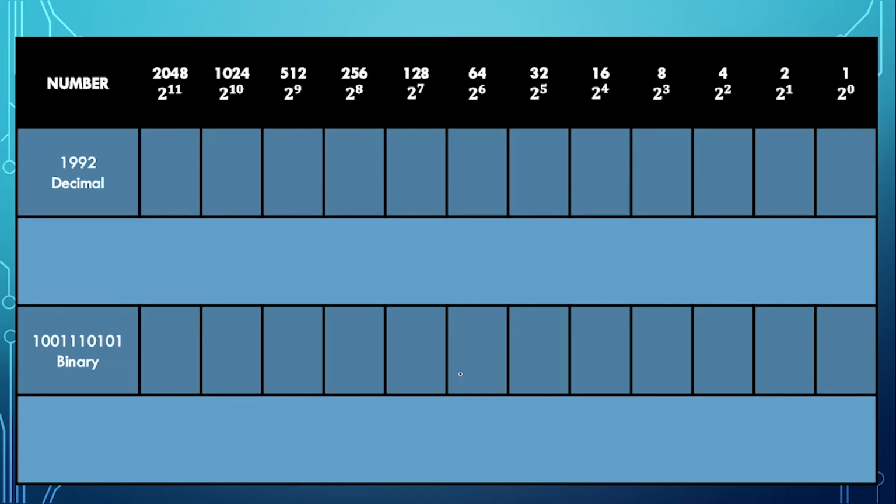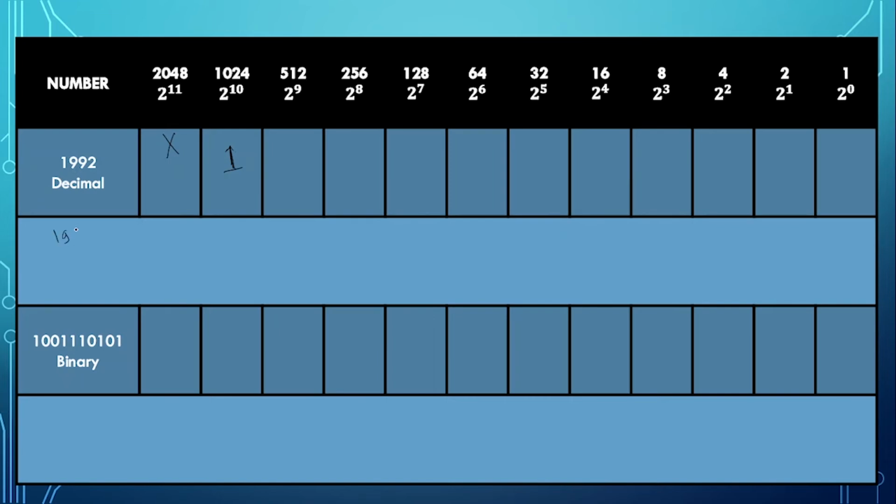As you can see, 1992 is less than 2048, so we are not going to use the 11th power of radix. My representation will be covered by the 10th power of radix. In order to form 1992, we will use 1024 because it is less than 1992.